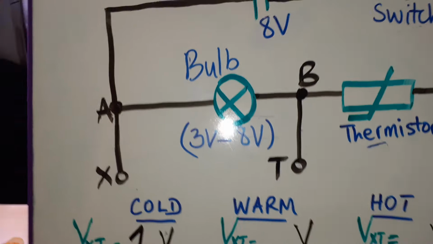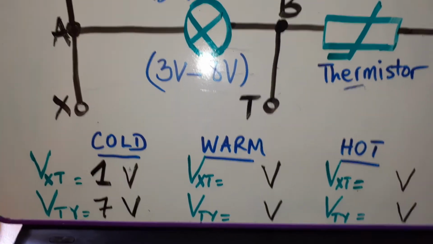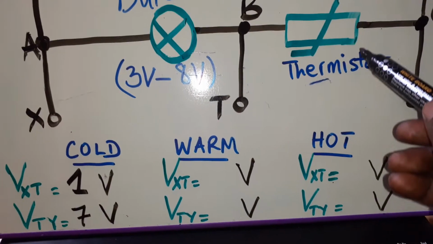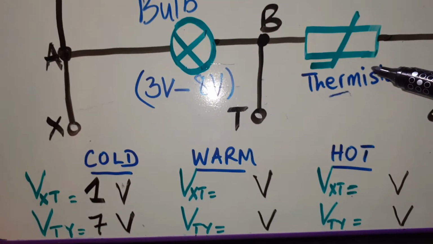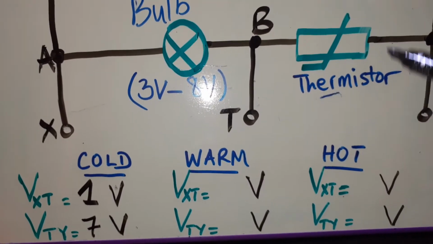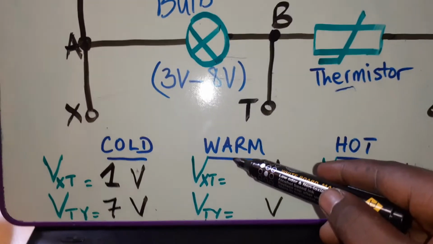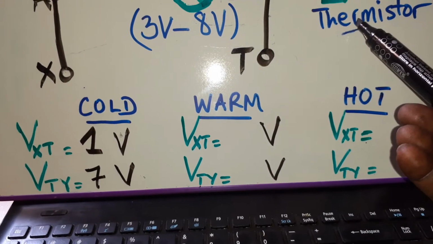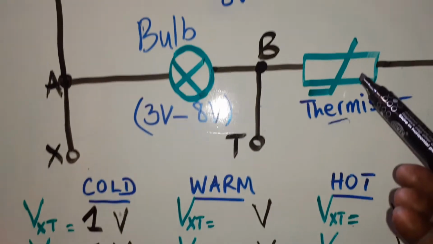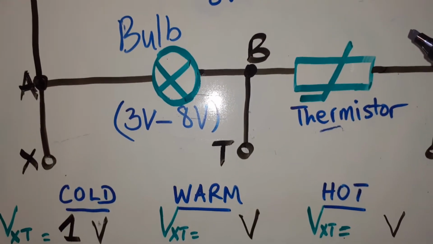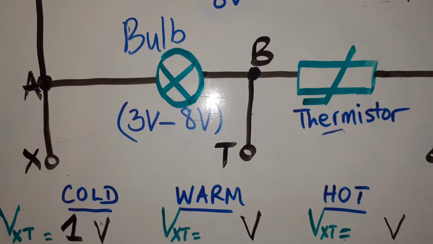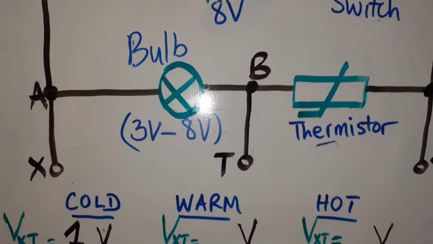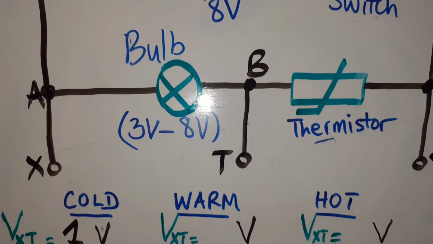If we increase the temperature around the thermistor such that it becomes warmer, it means the temperature of the thermistor is increasing. And when the temperature is increasing, the resistance goes down.